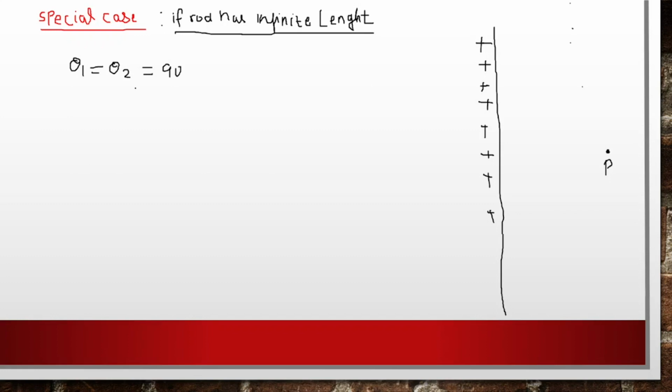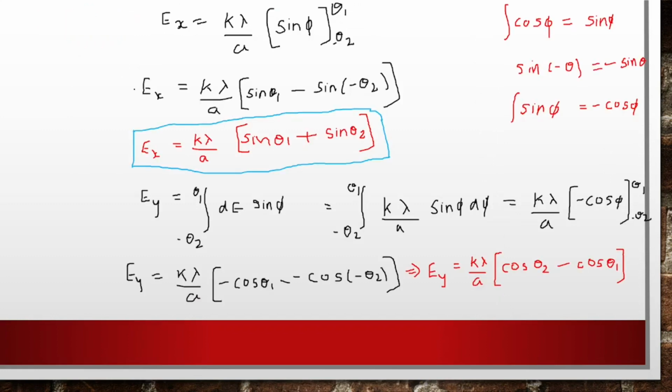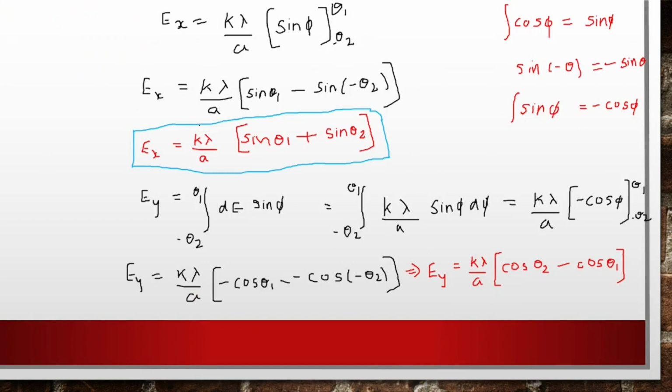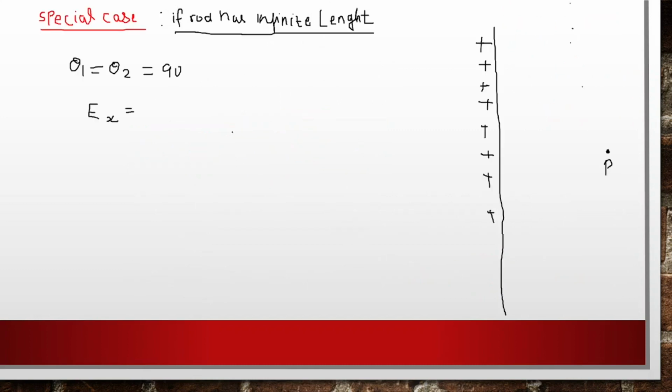So applying this 90 degrees in Ex and Ey, we get that E of x is equal to, so what is E of x? Sin theta 1, sin 90, 1, plus sin theta 2, sin 90, 1. So 2 k lambda by a.